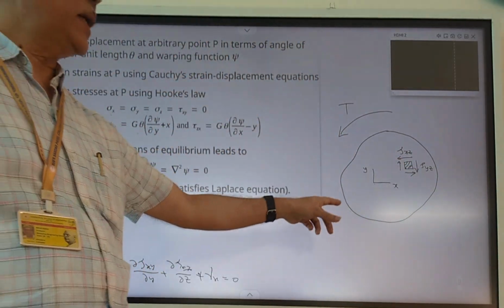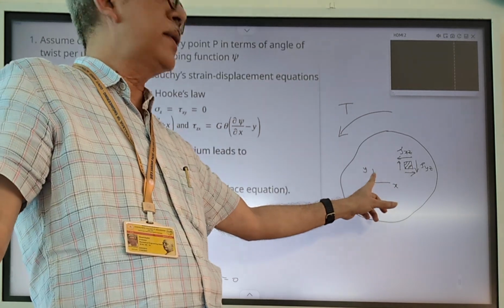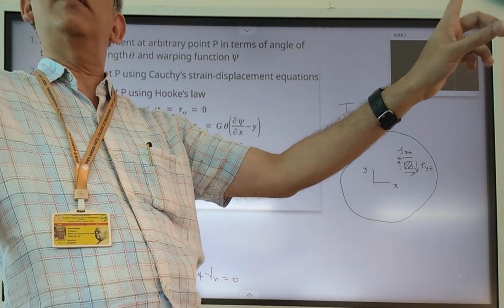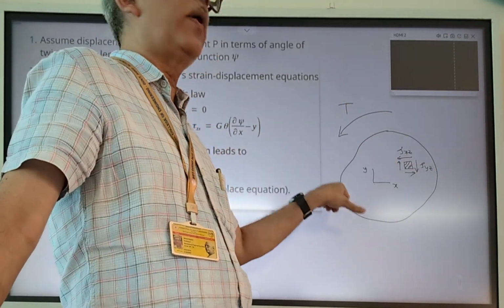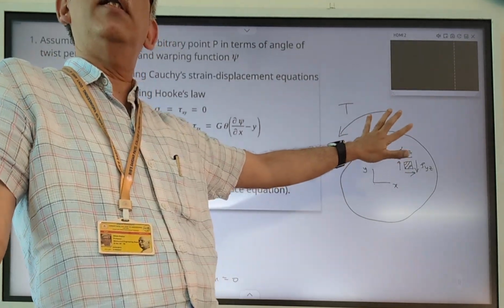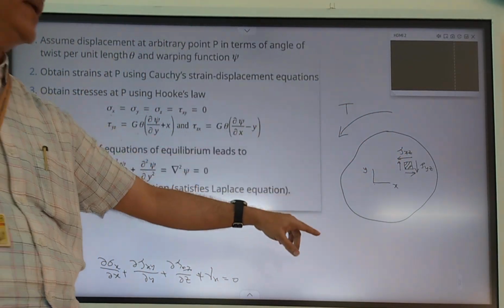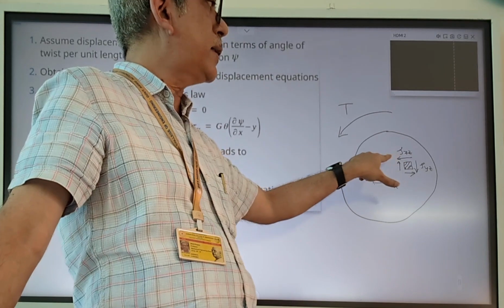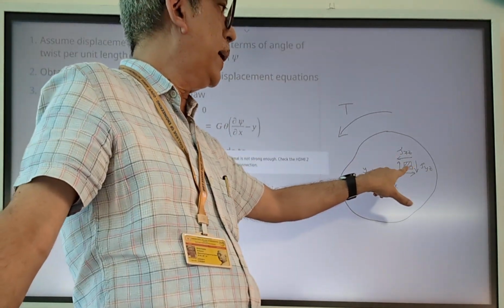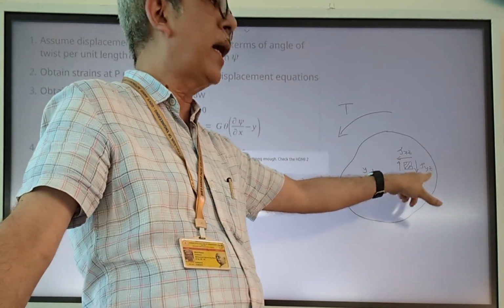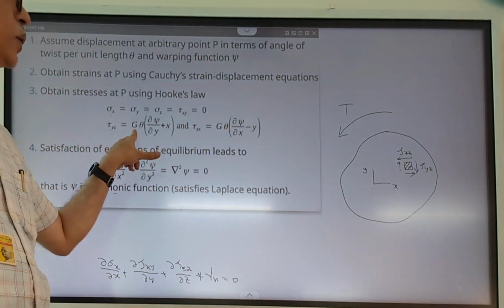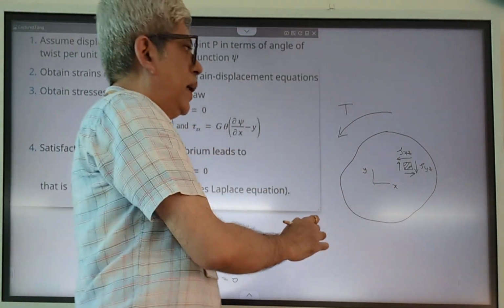For the cross section, this is the x-axis, this is the y-axis, and the perpendicular is the z-axis. The plane of this screen represents the z plane. On the z plane, in the x direction is tau xz, and in the y direction is tau yz. These are the two stresses that we are getting.